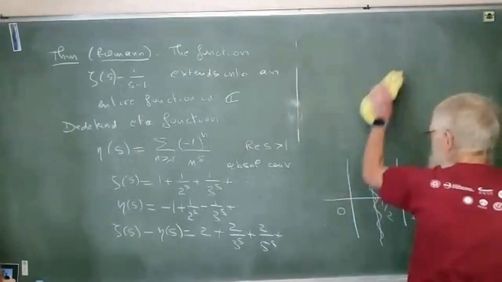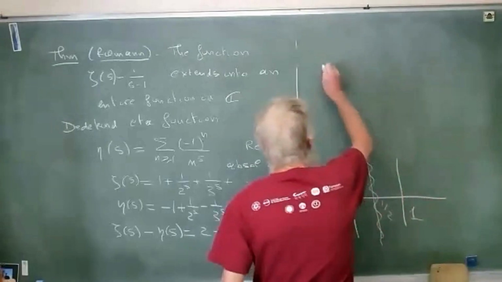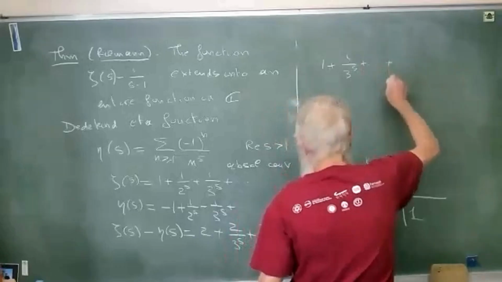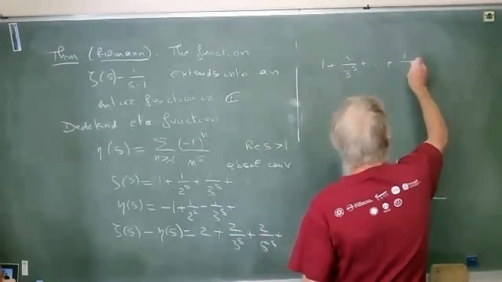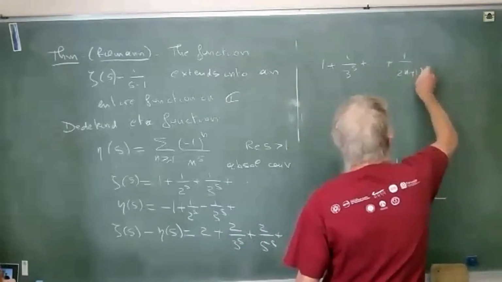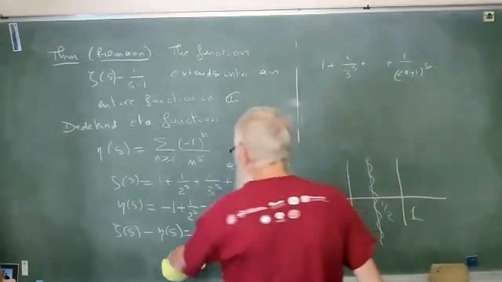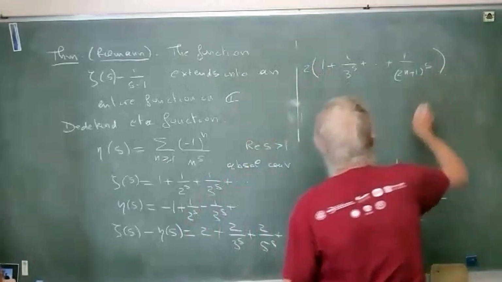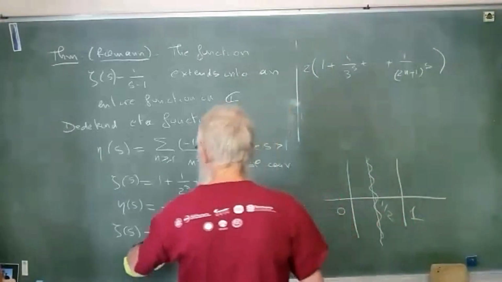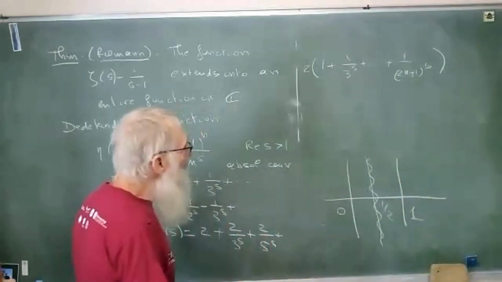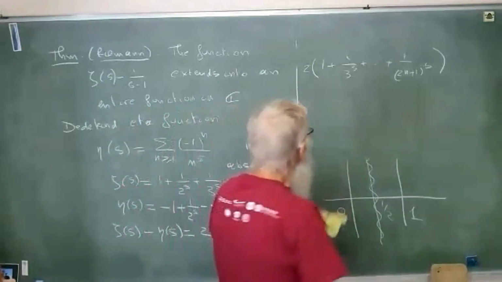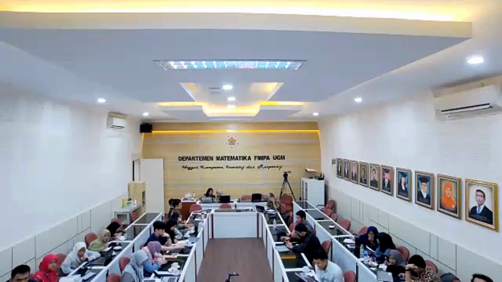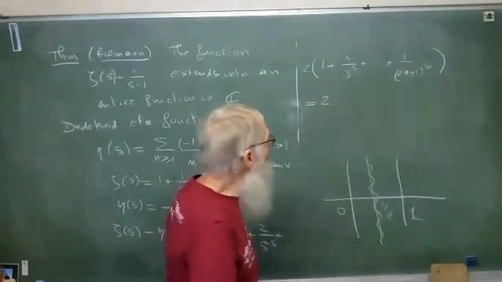So if we look at the sum 1 plus 1 over 3^s plus 1 over (2n+1)^s, which is what occurs here, we have twice this. So this is zeta of s minus eta of s. And you see that we can write this is equal to 2, and we write the missing terms for zeta of s.